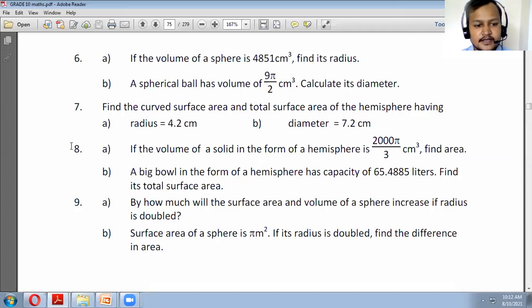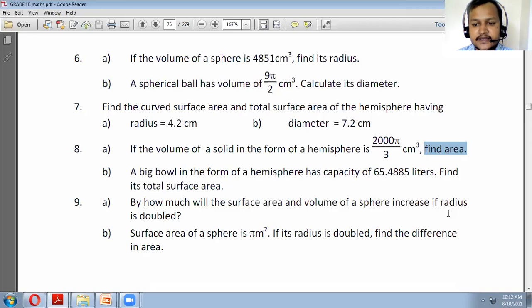In question number 8A, we did 8B. In 8A, use the formula of volume of hemisphere. And to the right side, don't put the value of pi. Right side तिर pi को value नराखिकन cancel out गर्न सक्छौं हामी, as we did here in 6B. Then we will get the value of radius, and after getting radius, we can find out the area easily.